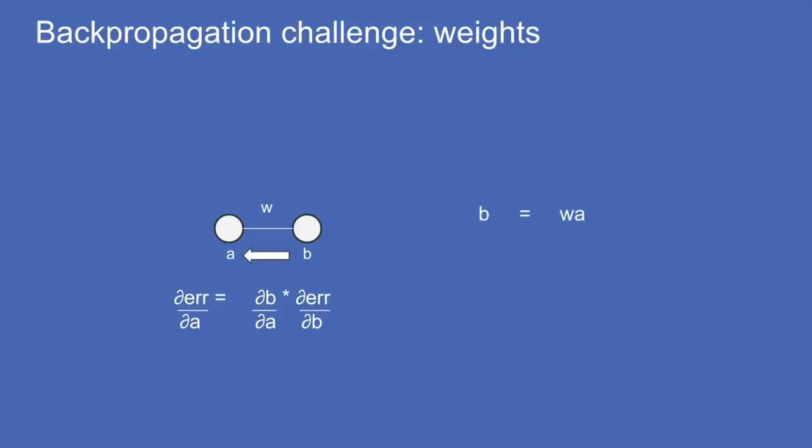So to get that, we just write the relationship between B and A, take the derivative of B with respect to A, we get the weight, W, and now we know how to make that step. We know how to do that little nugget of backpropagation.